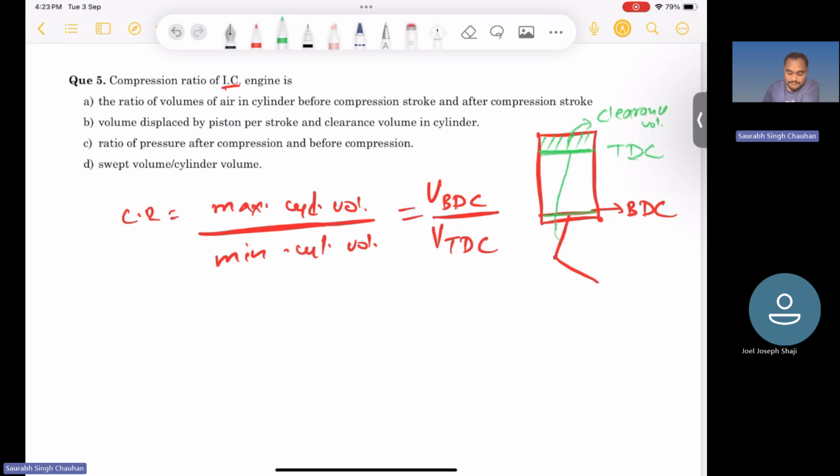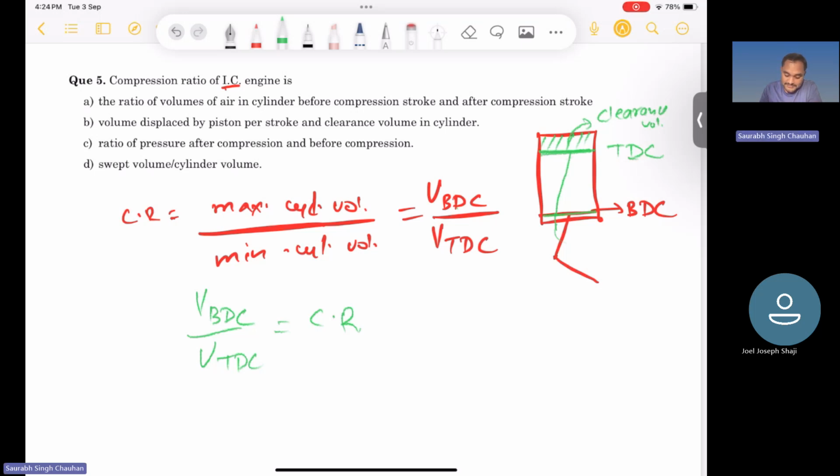Anyways, let us see all the options one by one. Option A, the ratio of volumes of air in the cylinder before compression. Before compression means volume at bottom dead center, and after compression, it will be volume at TDC. So yes, this is the definition of compression ratio. So option A is correct, but we will also check the other options.